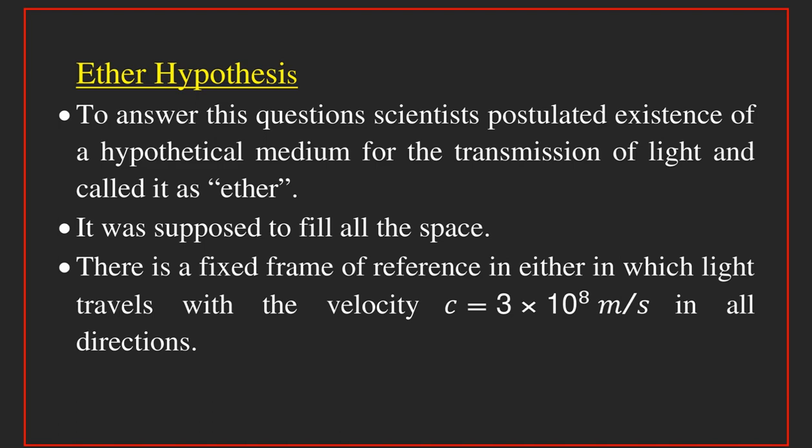They supposed that there is a frame of reference in that ether with respect to which the velocity of light is 3 into 10 raised to 8 meter per second. So the velocity of light in all directions in that medium is the same, that is 3 into 10 raised to 8 meter per second. This was the hypothesis, and it is called the ether hypothesis.